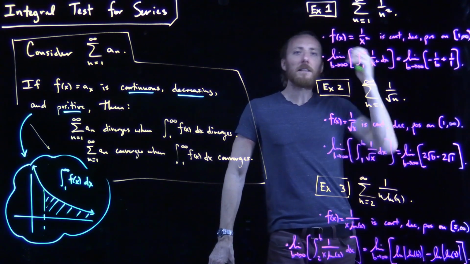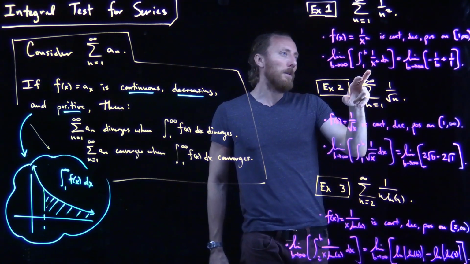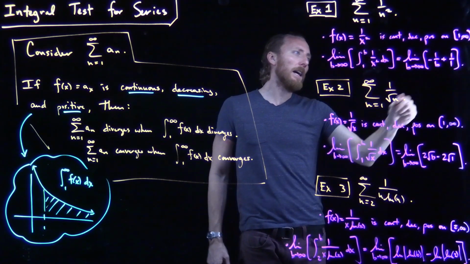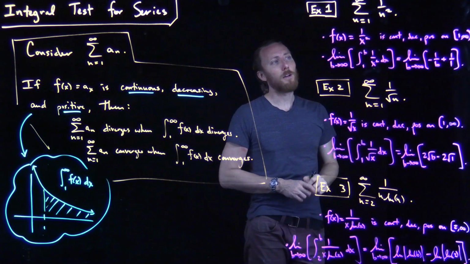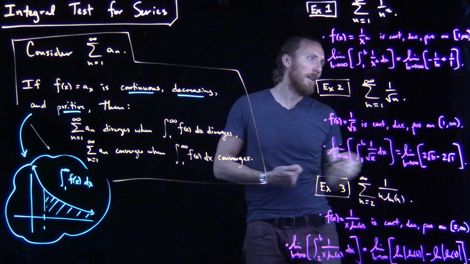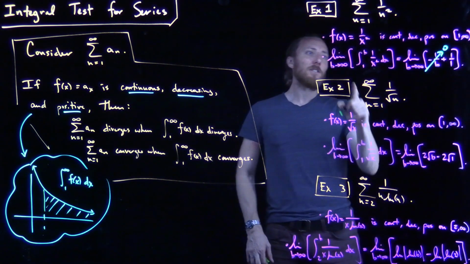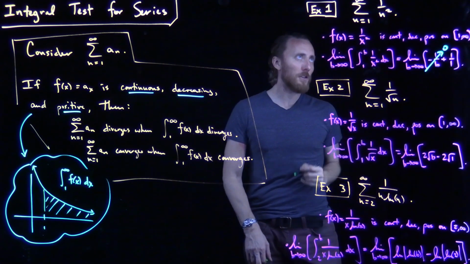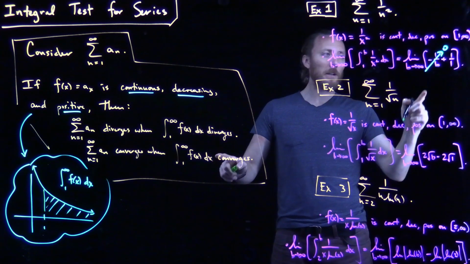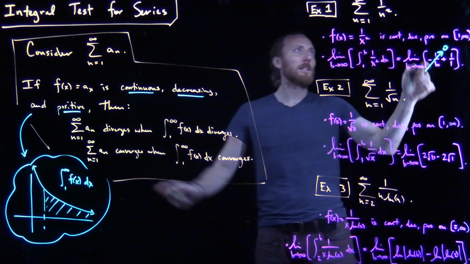We've got to verify that this is true, but once we get this to be true, look at the type 1 improper integral. The antiderivative of 1 over x squared is minus 1 over x, and whenever you plug in b and plug in 1 using the fundamental theorem and subtract, you get minus 1 over b plus 1 over 1, but as b goes to infinity, minus 1 over b goes to 0, and so this improper integral converges, which means since the type 1 improper integral converges in this case, the corresponding series must converge as well.